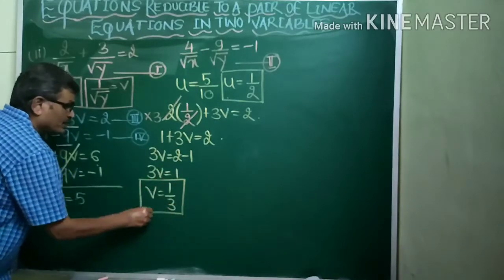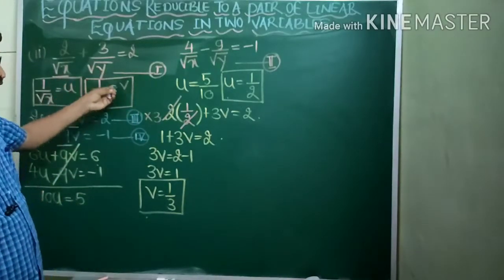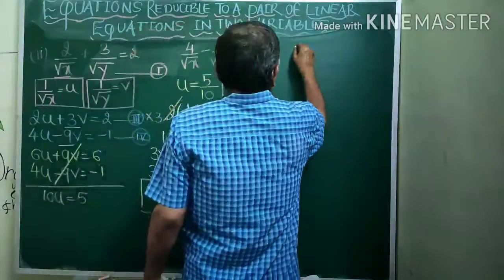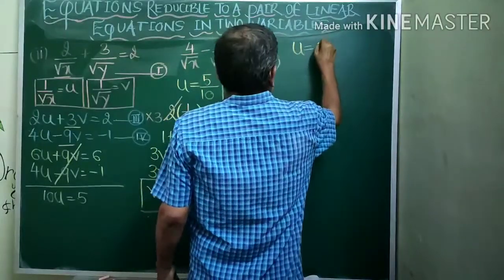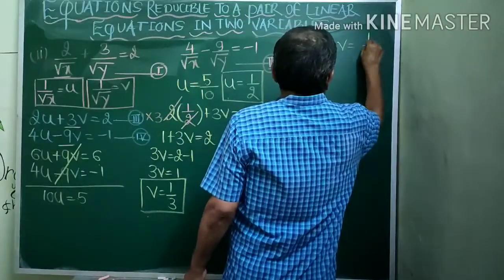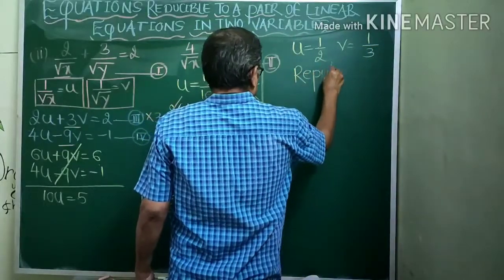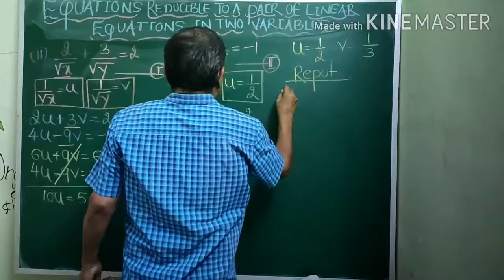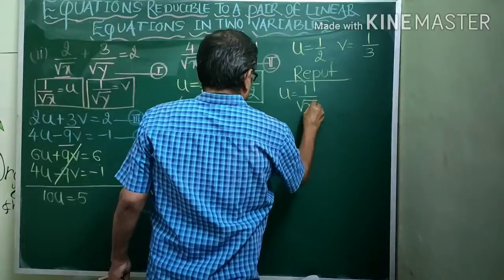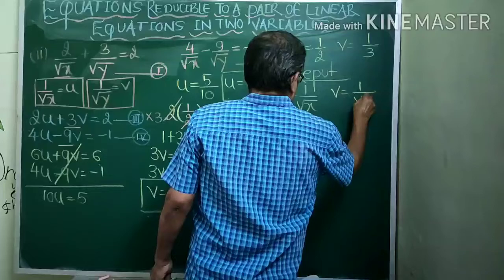Now children, you might be wondering, sir, you are asked to calculate the value of x and y, and you are calculating the value of u and v. Yeah, I know that. So u is equal to 1 by 2, v is equal to 1 by 3. What I'll do is re-substitute u is equal to 1 by root x and v is equal to 1 by root y.